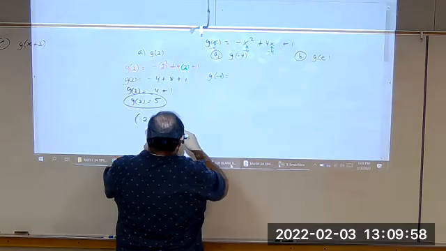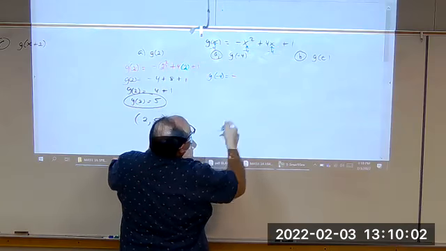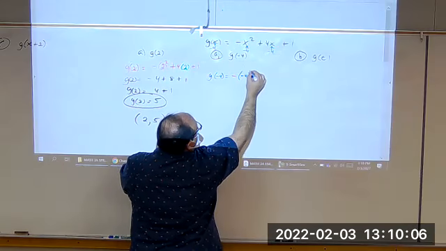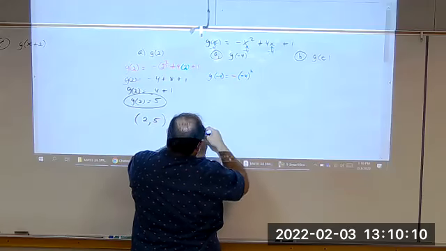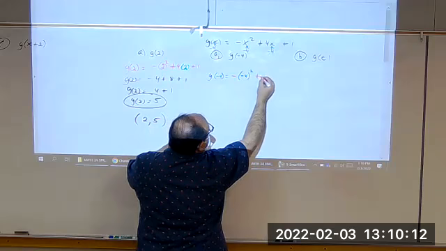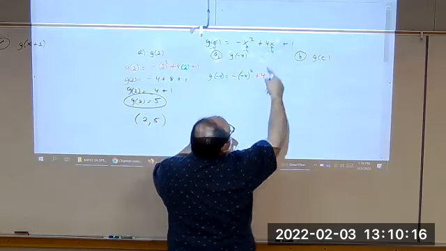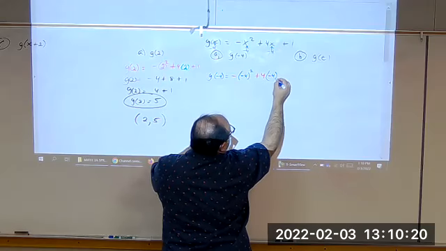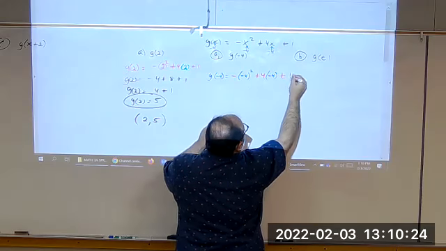There's a negative right there, and then I'm replacing the x with a negative 4, and then I square it. And then we have plus 4 times, and I'm replacing this x, so times another negative 4. And then we have a plus the 1.